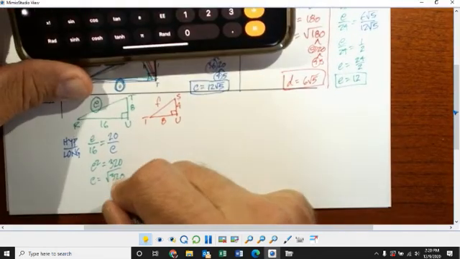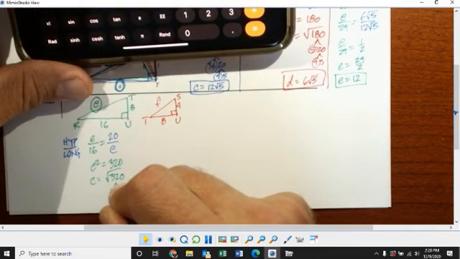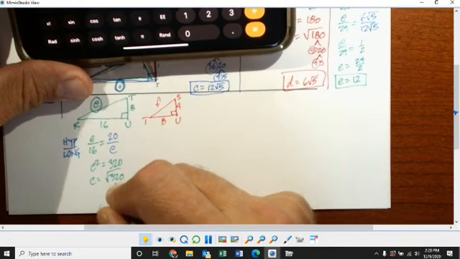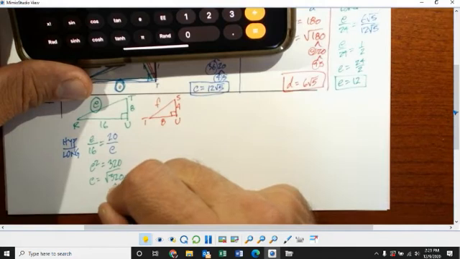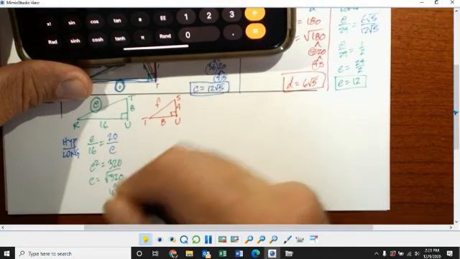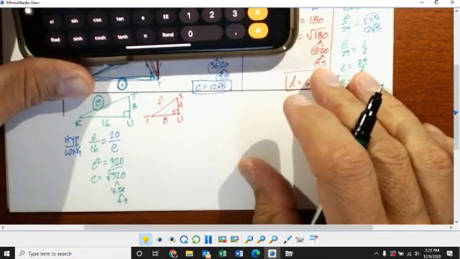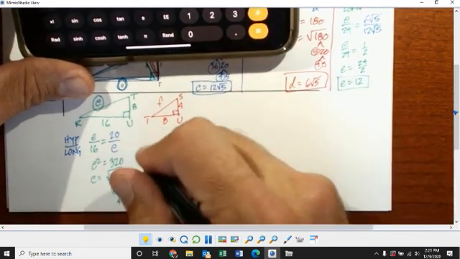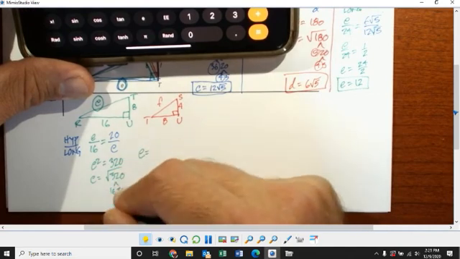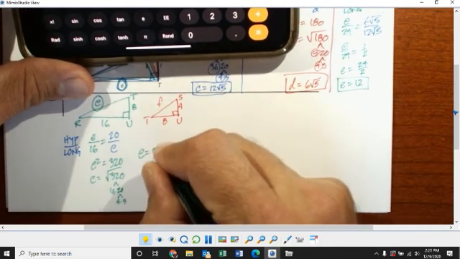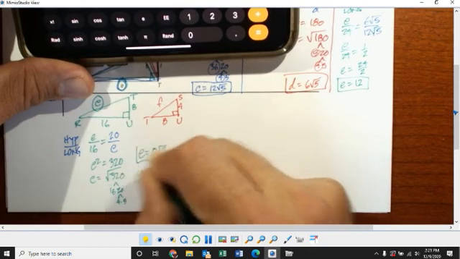And that is just, it's 16 times 20, and 20 is 4 times 5. So just as we did before, this is going to give me E is equal to the square root of 16, which is 4, times the square root of 4, which is 2. So 8 square root of 5.